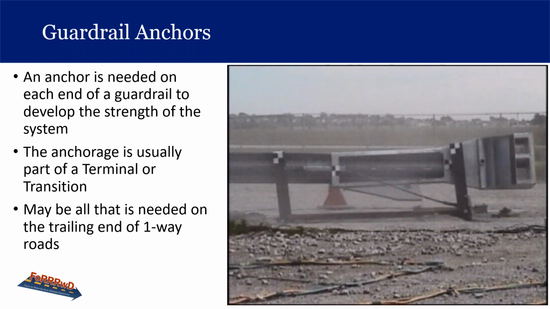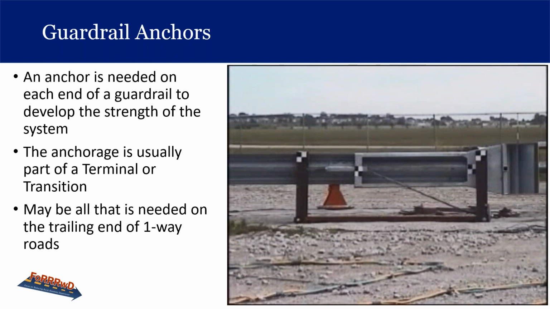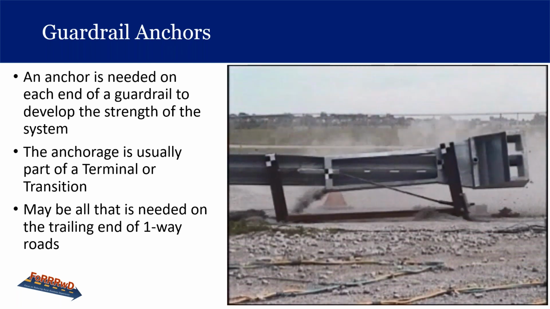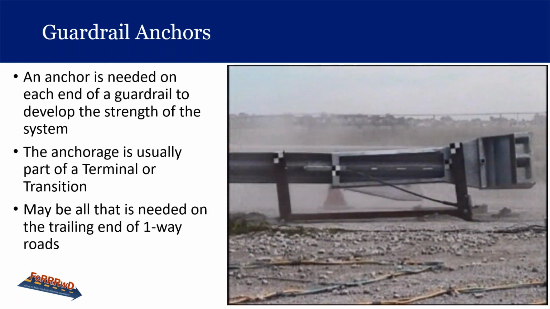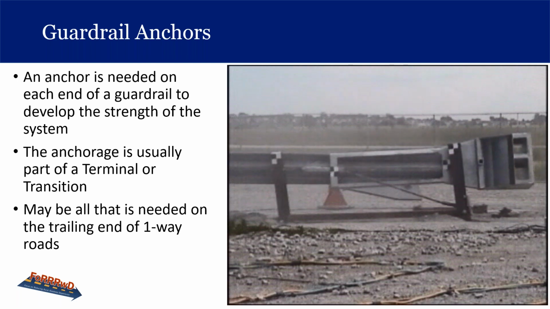Let's see that again. So it shows the location where the cable anchor may not have been connected at the time of impact and the vehicle was able to pass through the system.